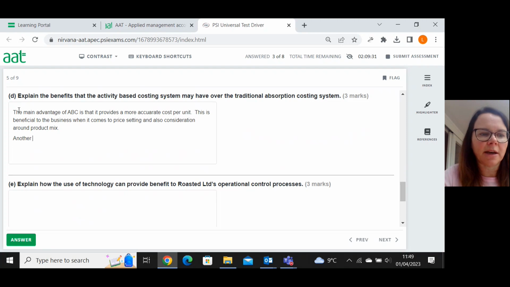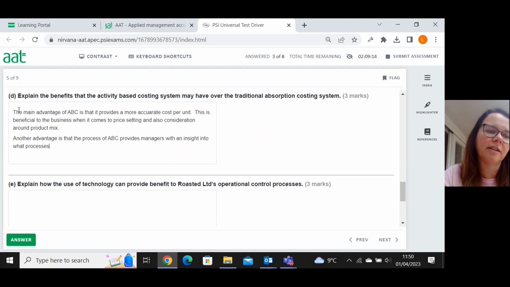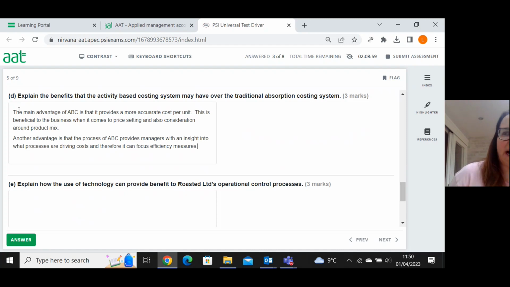Oh yeah, so another advantage is that the process of activity-based costing provides managers with an insight into what processes are driving costs, and therefore it can focus efficiency measures. Yeah, so if you know what's driving a cost, then you can perhaps take steps to not generate that cost quite so often.